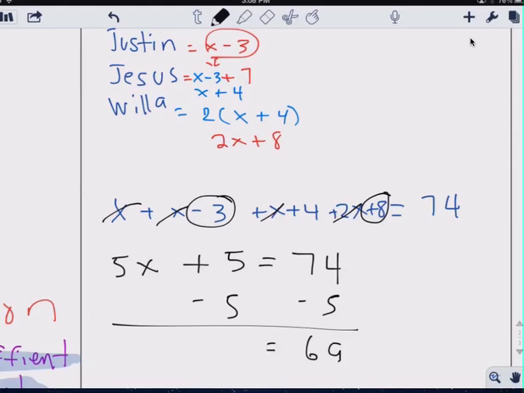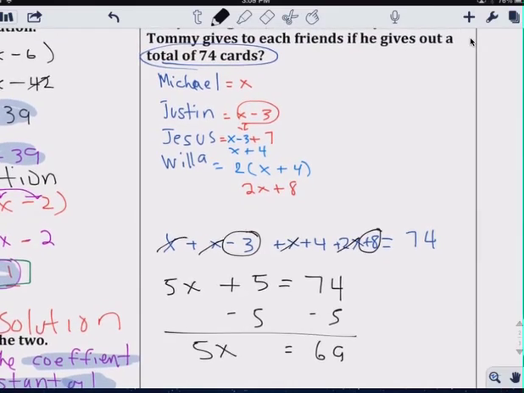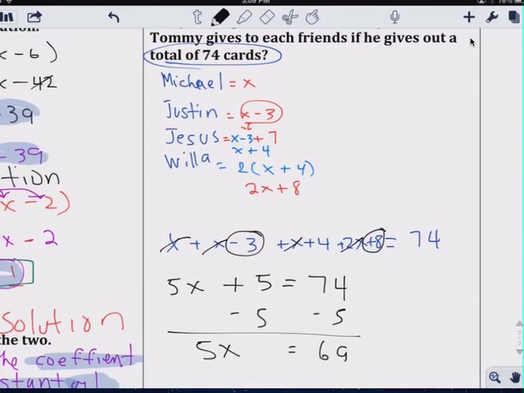69 equals 5X. Did I do something wrong? Did you guys get a fraction on number 2? No, I got 13. Oh, I forgot the plus 4. So that should have been not 5, but 9.